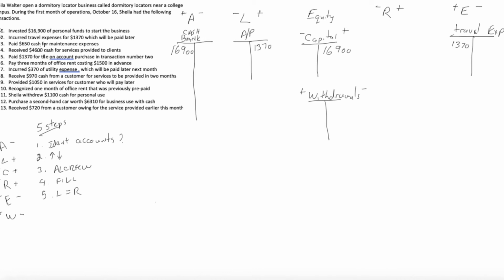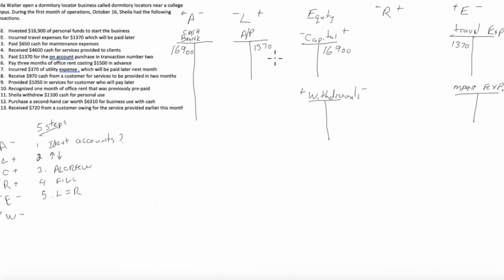Paid $650 cash for maintenance expenses. So cash is one, says it right there, for expense, tells you the other one. So it's an expense, right? So we need to make another account. Maintenance expense.